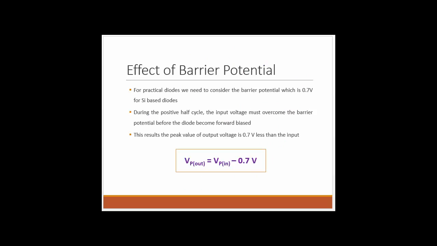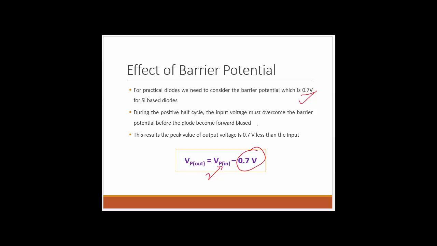So that's what we did here. For practical diodes, you need to subtract 0.7 volts, but always remember that you need to work with peak voltages, not RMS voltages. Whenever you see an RMS value, it's better to convert it into a peak. For silicon diodes, we consider 0.7; if it is germanium, it's 0.3.